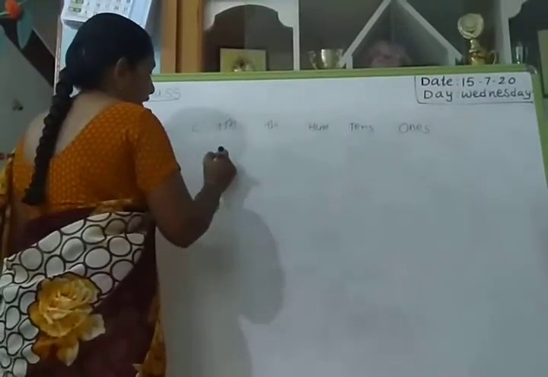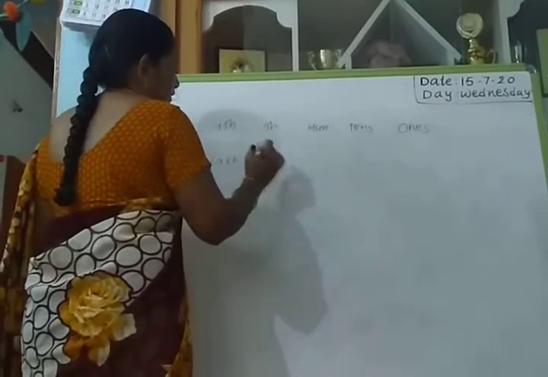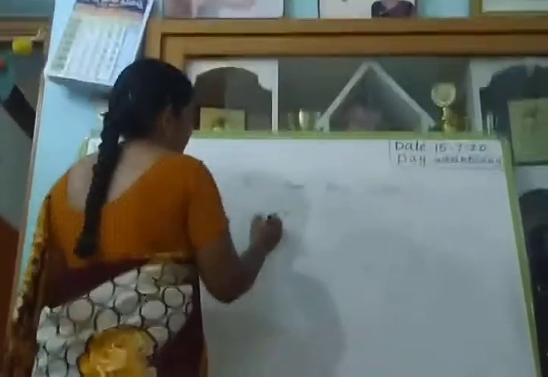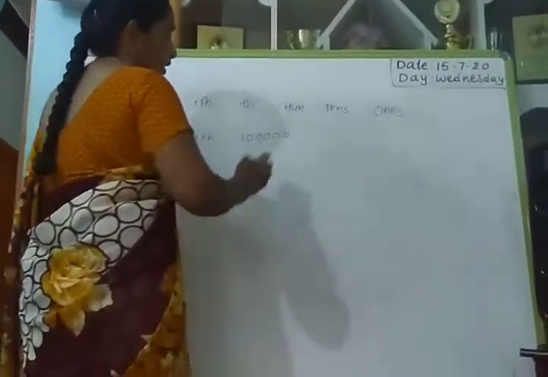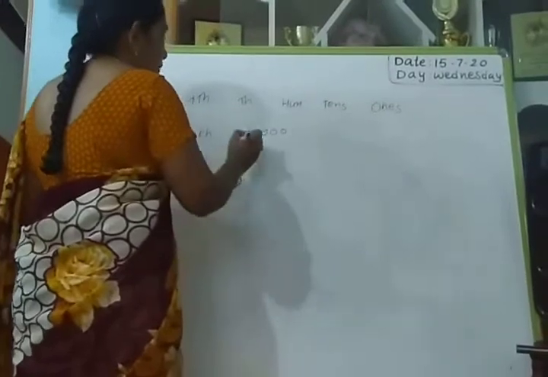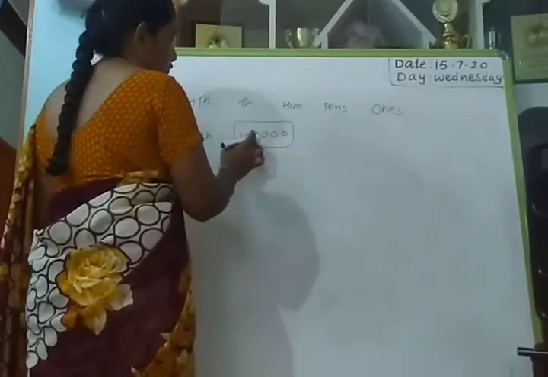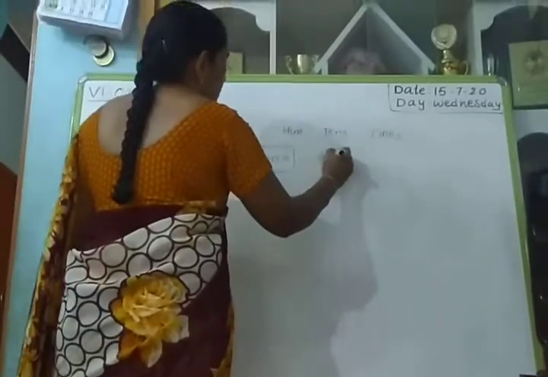In 1 lakh, how many digits are there? How will we write 1 lakh? This is 1 lakh, no? So what they asked is how many digits are in 1 lakh. 1, 2, 3, 4, 5, 6. 6 digits.